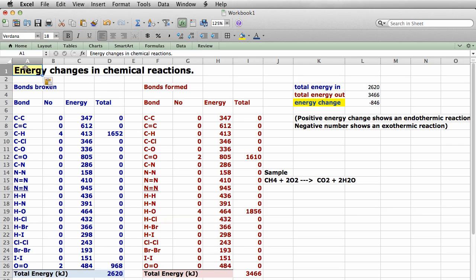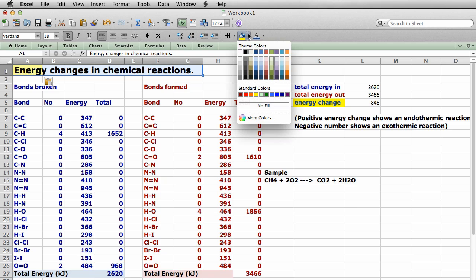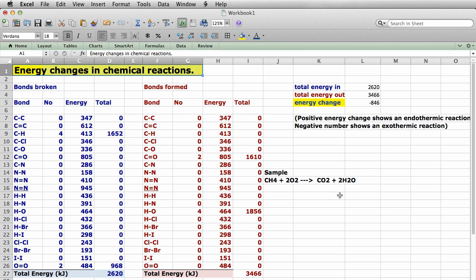We're basically looking at energy changes in chemical reactions, and as we choose our chemical reaction, we can put in whatever values we want to, and just the simple numbers of the bonds that are broken and the number of bonds that are formed. We can do a balance sheet, and we can see if it's going to be an endothermic or exothermic reaction.